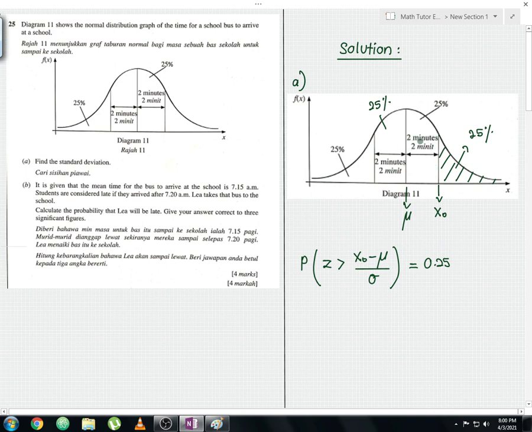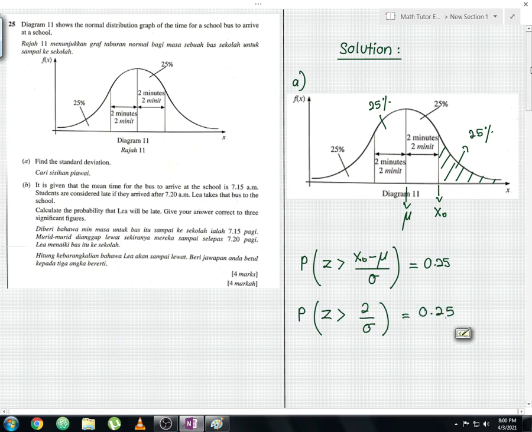So we can use these 2 minutes in the working over here. Probability in brackets Z more than, x naught minus mu now becomes 2, and then you divide by the standard deviation sigma, and it equals 0.25.